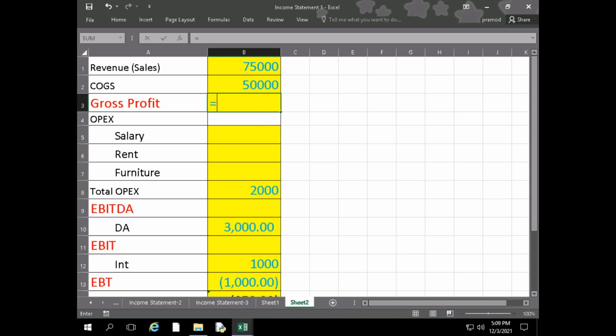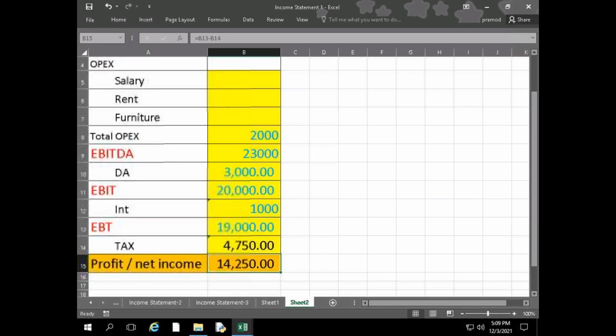If you have already done revenue minus COGS, OPEX, gross profit minus OPEX, EBIT minus D&A. My interest is 1000.